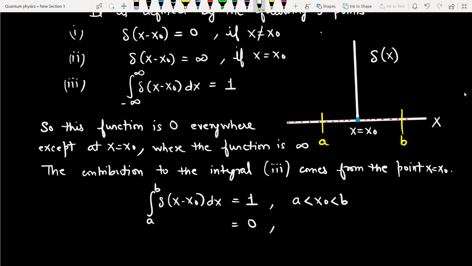Obviously, you may also integrate this Dirac function between c and d. But then at all the points except x equal to x naught, the Dirac function is 0. So therefore the integration would be 0. So if you want this integration to be 1, choose the limits a and b such that the point x naught is between a and b.